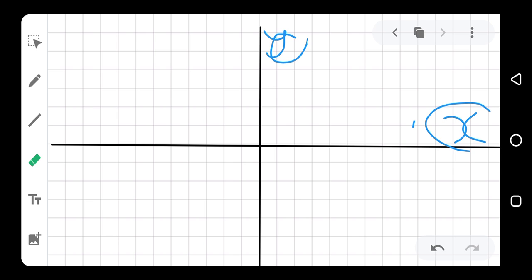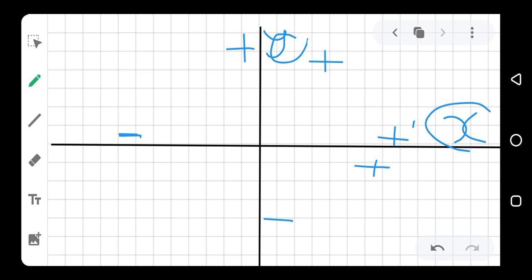Now, this place of the graph is positive for y. This side is positive while this side is negative for x-axis. Now coming to this side, the right hand side, this place is positive for x and also positive for y. Coming down, this place is positive for x and negative for y.